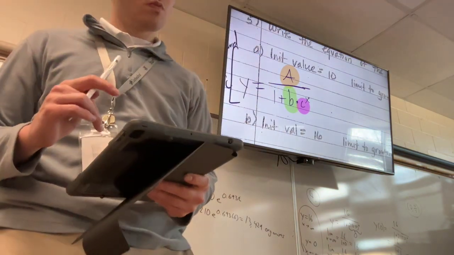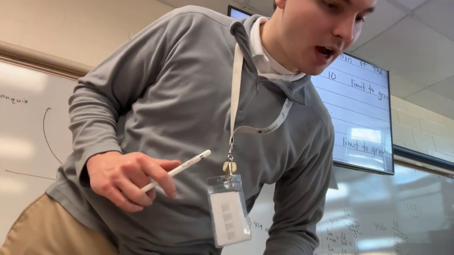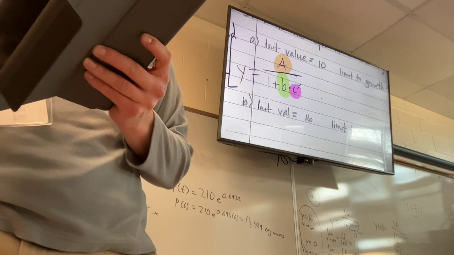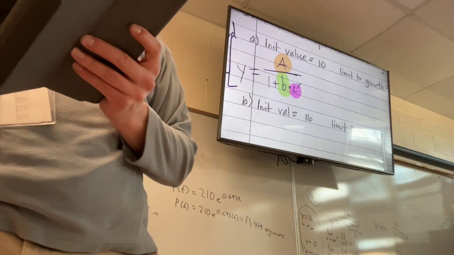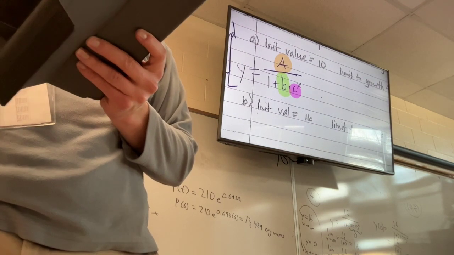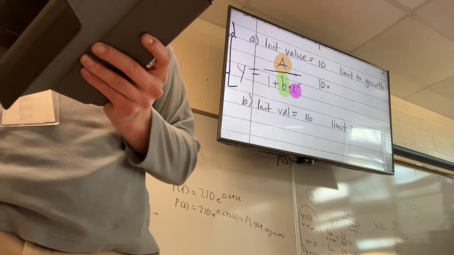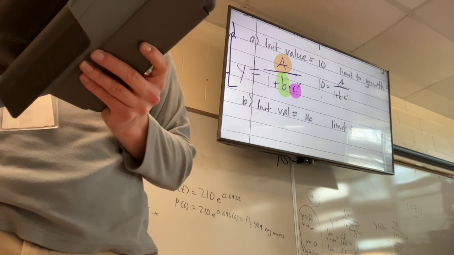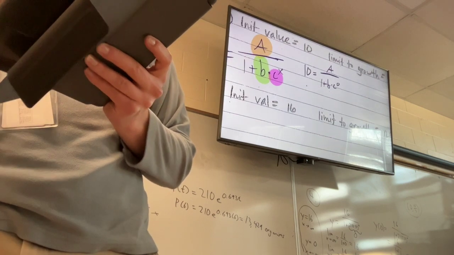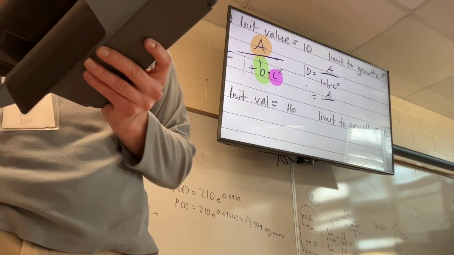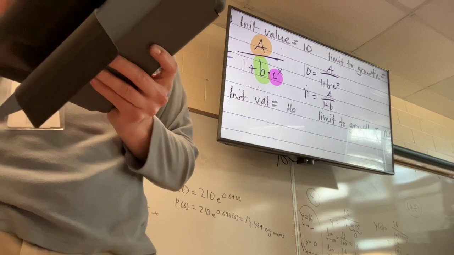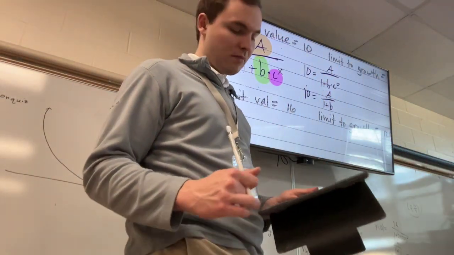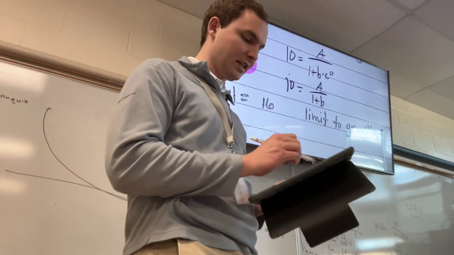If we plug in the initial value, we get 10 equals A over 1 plus B times C to the 0. C to the 0 is just 1, right? So this is the same thing as A over 1 plus B. So we know 10 equals A over 1 plus B.